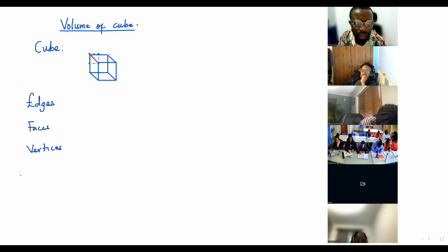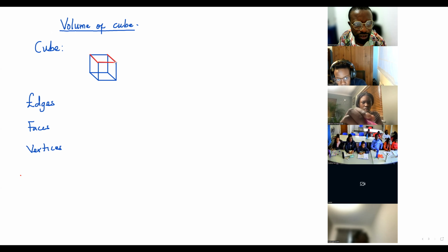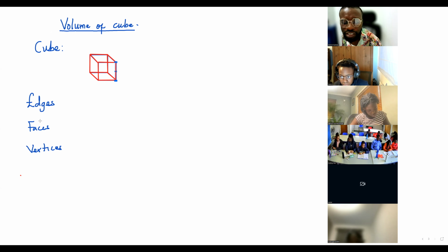Count with me. 2, 3, 4, 5, 6, 7, 8, 9, 10, 11, and how many edges does a cube have?